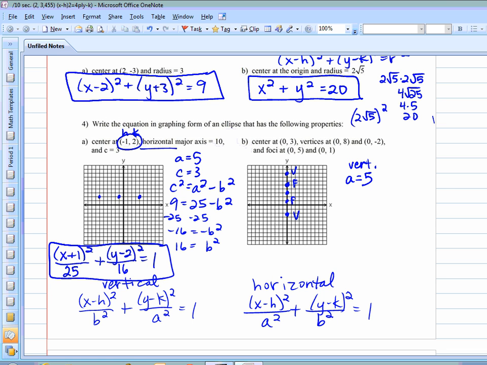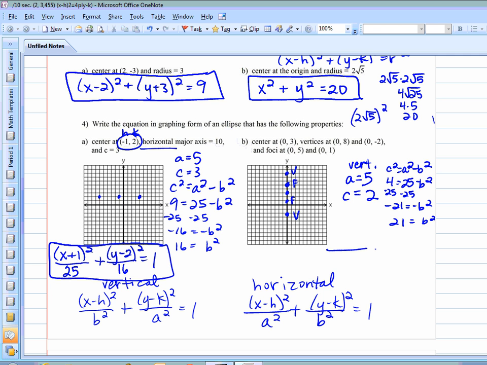From the center to a focus is the c value, which is 2. And I need to find b, using our c squared equation, and that is 4 equals 25 minus b squared. Subtracting 25, I get negative 21 equals negative b squared. So b squared is a positive 21. And again, that's what I need to put in my equation.